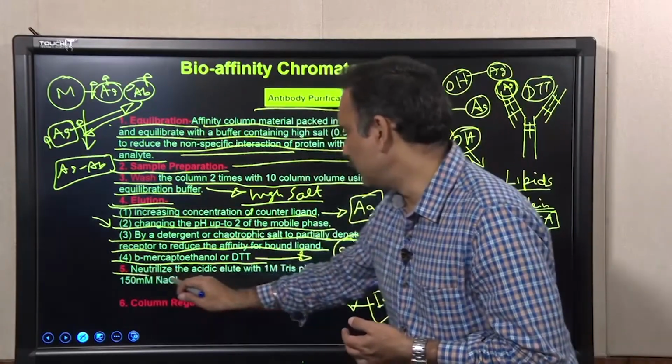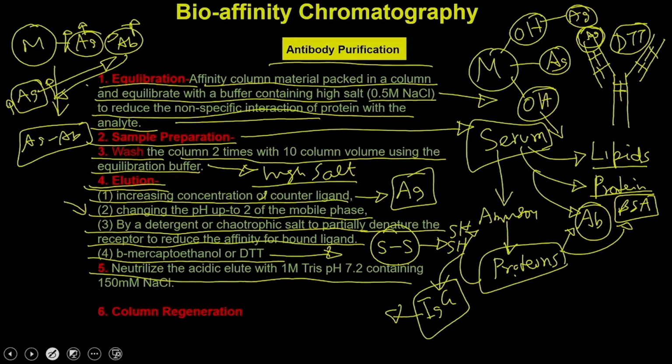The fifth is you can neutralize. If you are eluting with the help of the pH change, you have to eventually neutralize the acidic eluate with the help of the Tris pH 7.2 containing 1.5 millimolar NaCl.